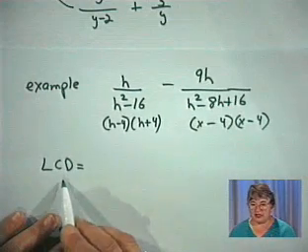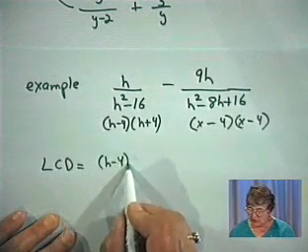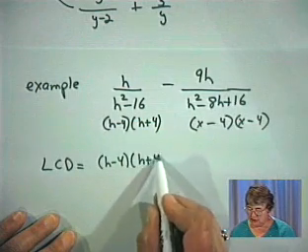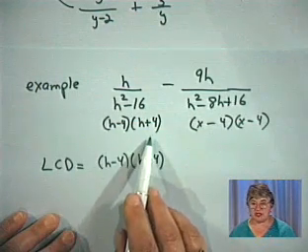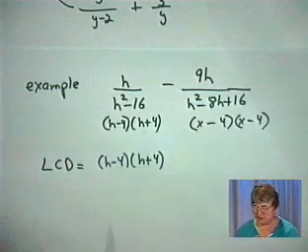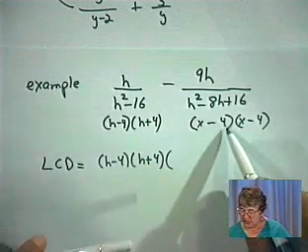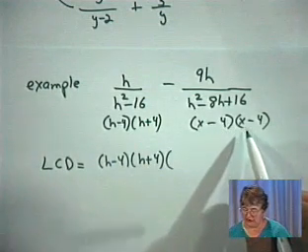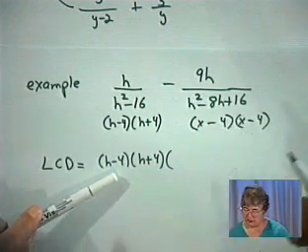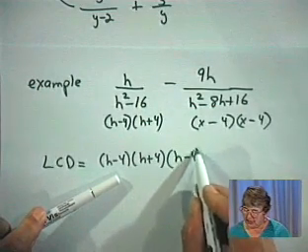So in order to find the lowest common denominator, we need to include an h minus 4 and an h plus 4 factor for the first expression. It's a multiple of the first expression. Going to the second expression, we need in fact two h minus 4 factors. We've only got one, and so we'll go ahead and put an h minus 4.